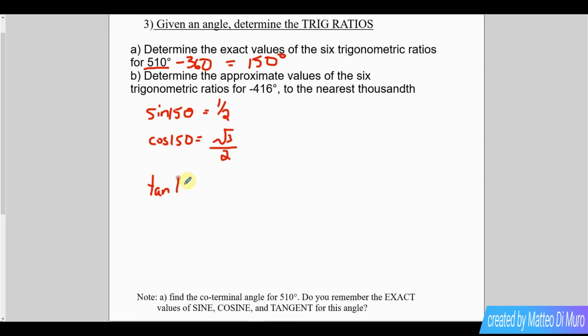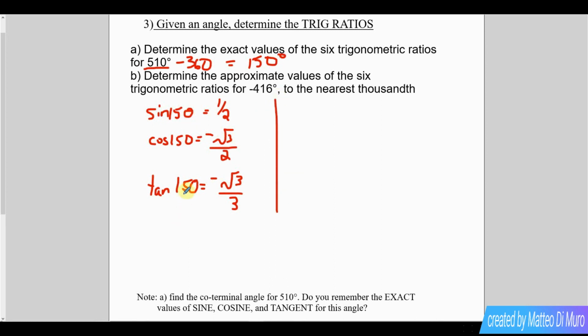If I type in tan 150, you are going to get, I do believe, square root 3 over 3, that should be negative. Your calculator is going to spit out a random looking number. This is the exact value, and you can confirm that. And I do believe I missed the negative right here. Just kind of going off memory a bit here.